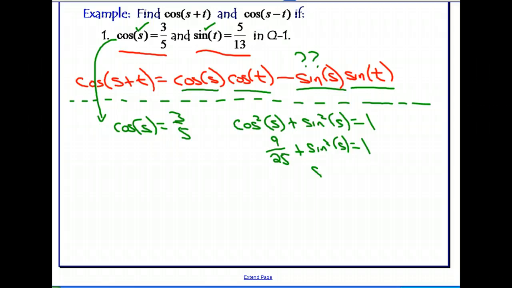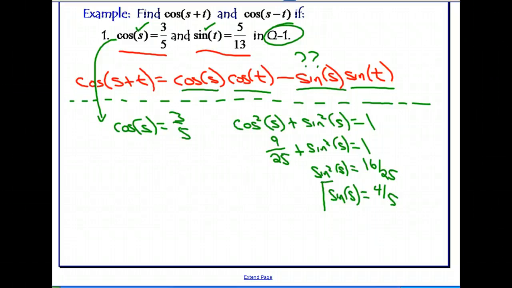I'll subtract 9/25. So the sine squared, 1 minus 9/25 is 16/25. I'll take the square root. And you guys are thinking hopefully plus or minus, but look, we're in quadrant 1. So it's plus. So the sine of s is 4/5.